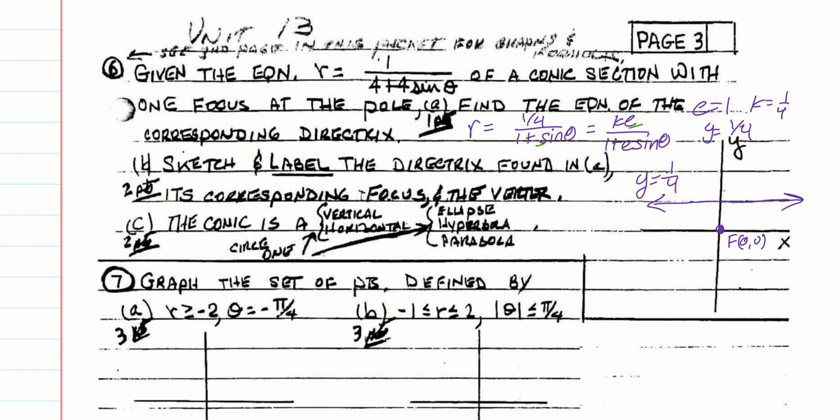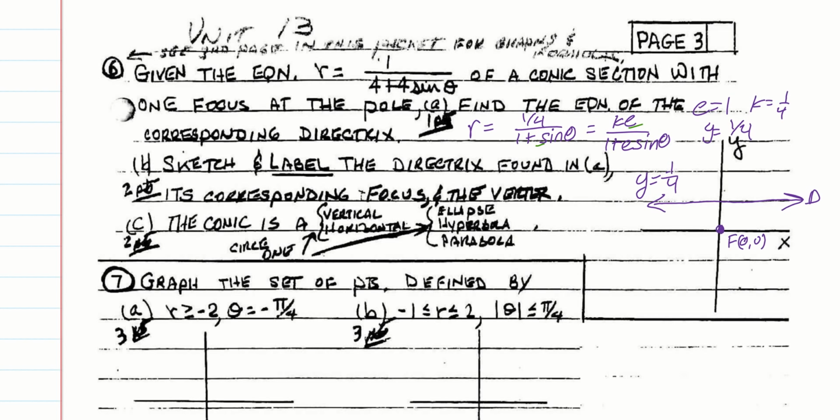Now it says sketch and label the directrix found in part A. We already did that. That's the directrix. Then its corresponding focus and the vertex. Sorry, I just blanked really hard.